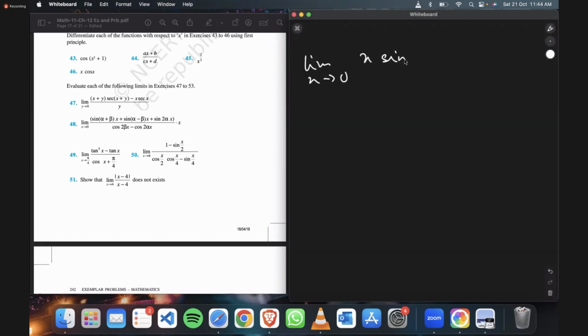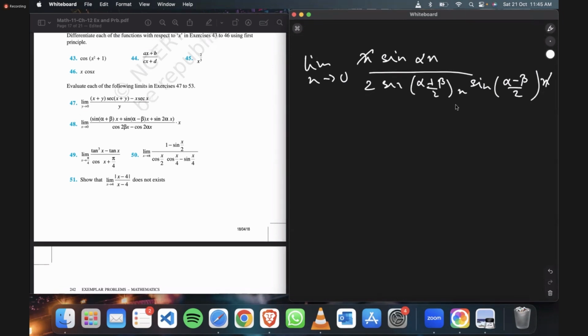Now limit x sine alpha x, whole divided by 2 sine of alpha plus beta by 2 x into sine of alpha minus beta by 2 x. And there was an x also over here, so this x and this x will simply get cancelled out.